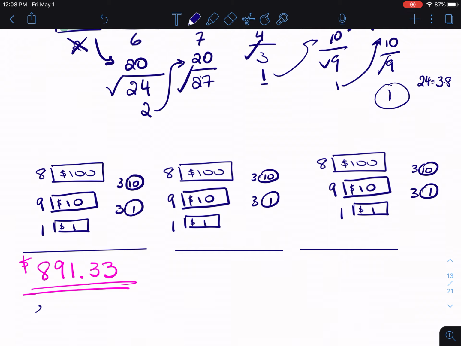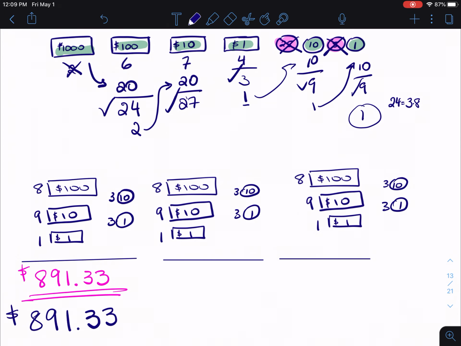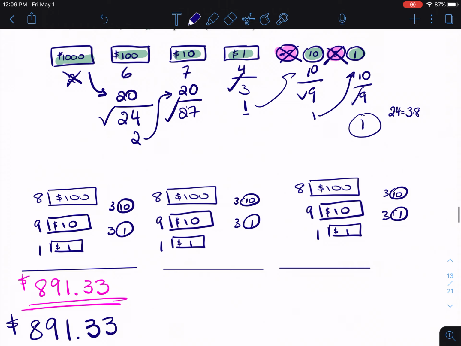We'd still have $891, and then 3 tens and 3 10 cents and 3 pennies. Unfortunately, we are getting the same value. So money can be used to show division and to show division with decimals.